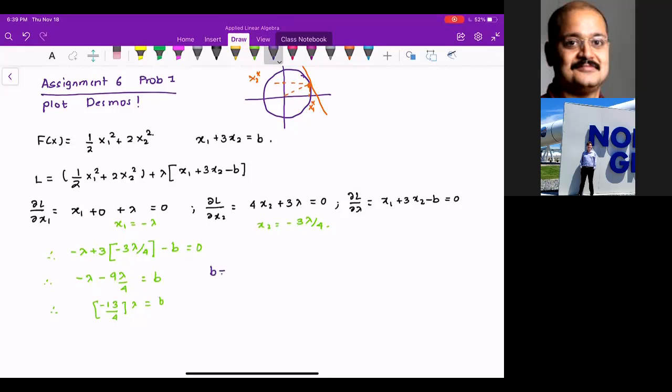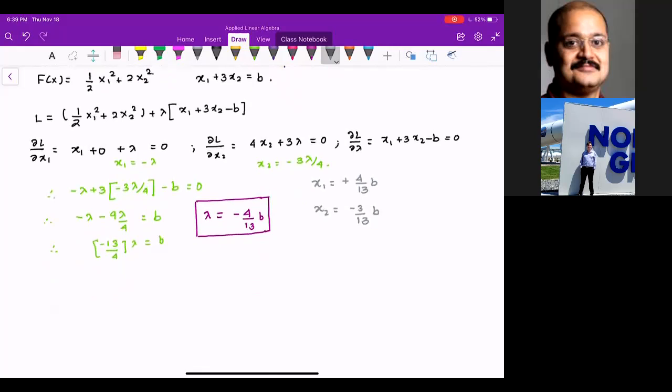So you get lambda is equal to minus 4 by 13 b. Once you have lambda, you can find out the value of x1. x1 is equal to minus lambda, which is plus 4 by 13 b. x2 is equal to minus 3 by 13 b.